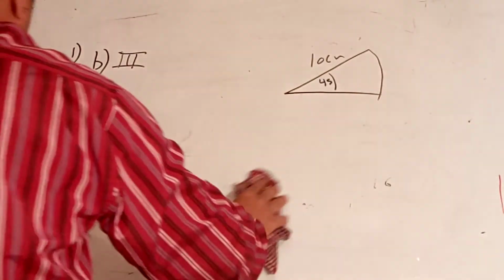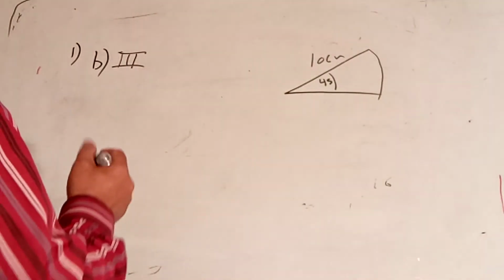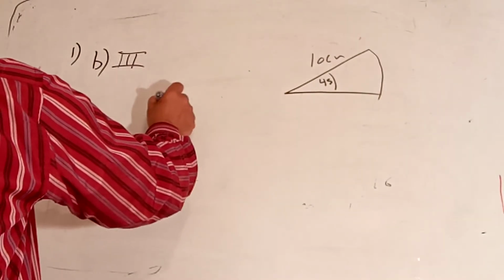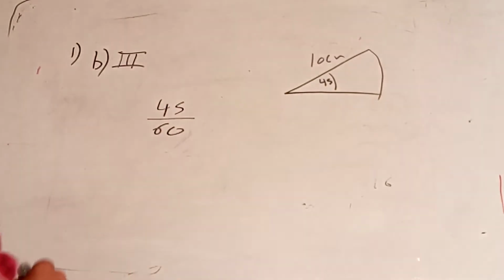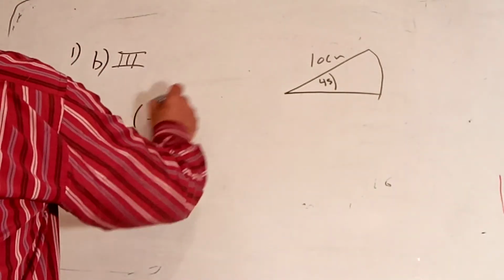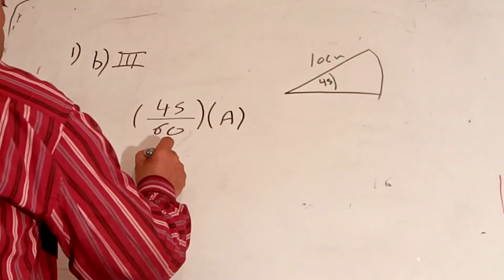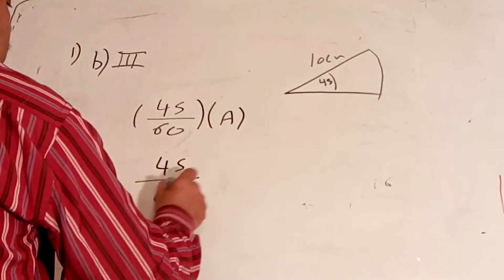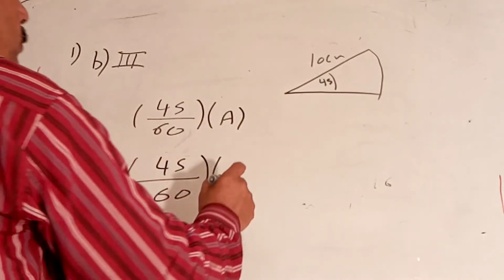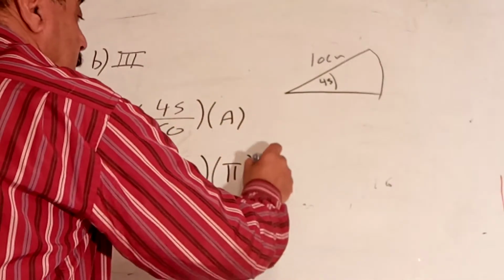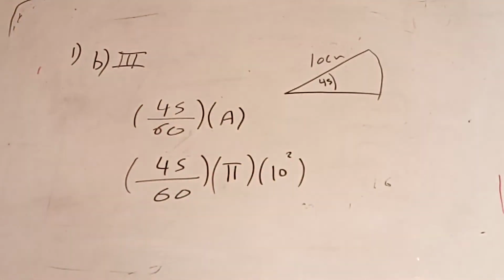Again, it will be 45 divided by 360 multiplied by the area of the circle, which is pi r squared. With r as 10, so 10 squared.